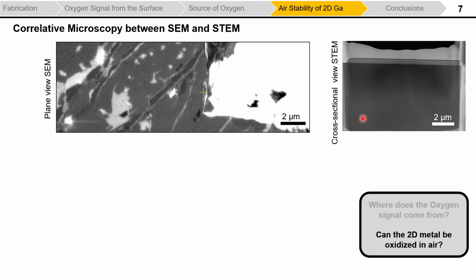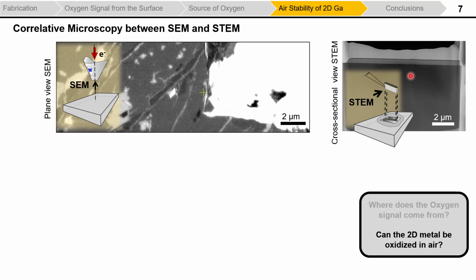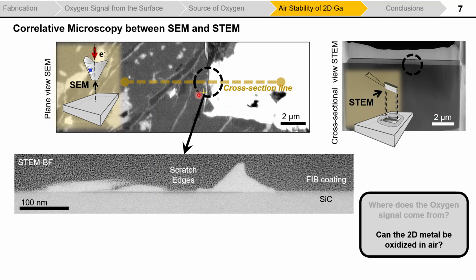In this lamella, we are now able to correlate our plan view in SEM and cross-section view in STEM imaging. We identify where our cross-section line is, and we could identify features that help us to correlate that.